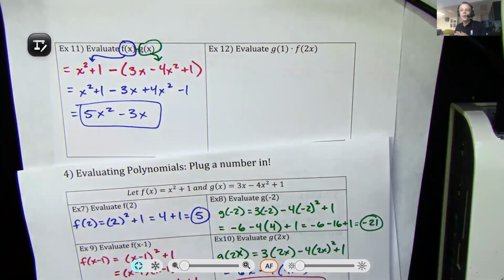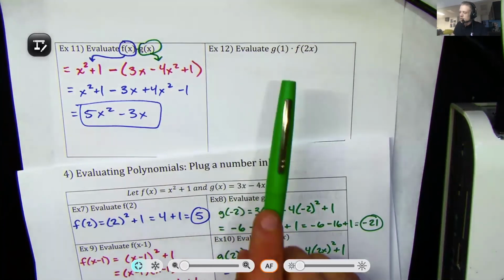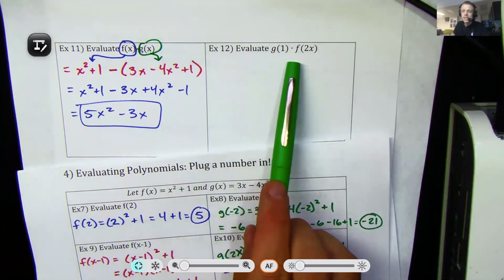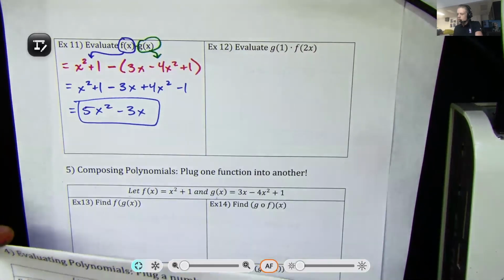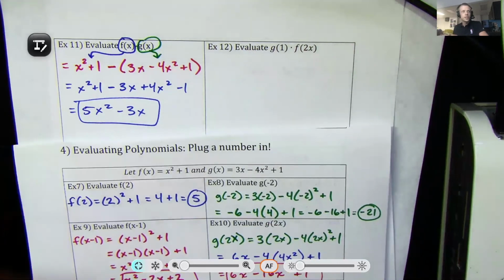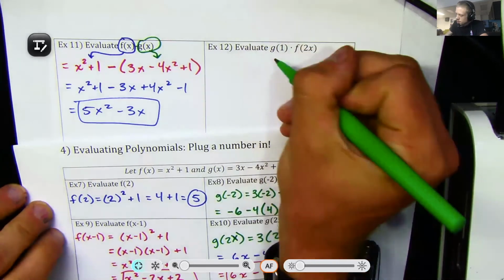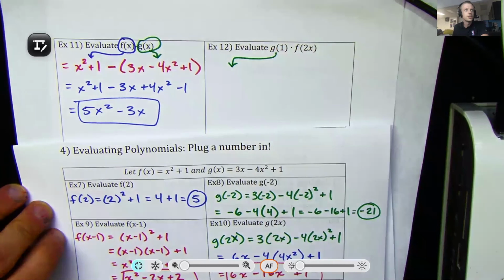All right, so we have one more evaluating example. We are going to evaluate g of 1 times f of 2x. So this is kind of by far the weirdest one that we've done yet, but it is not too bad. So let's go ahead and do it. So first off, let's do that guy there, g of 1.